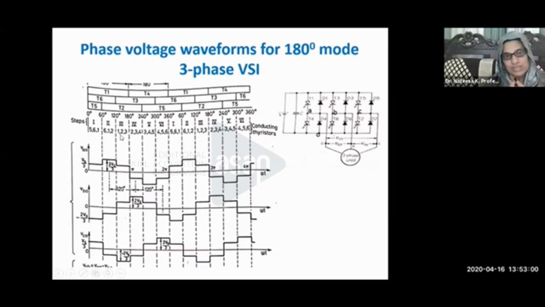From this sequence, without looking at the diagram, you can directly write the sequence. Like 5, 6, 1, just remove 5 here, and add the next thyristor, that is 6, 1, 2. Then remove T6 and add T3, so 1, 2, 3. In this manner, you can find out the devices conducting in different intervals in an easy way.